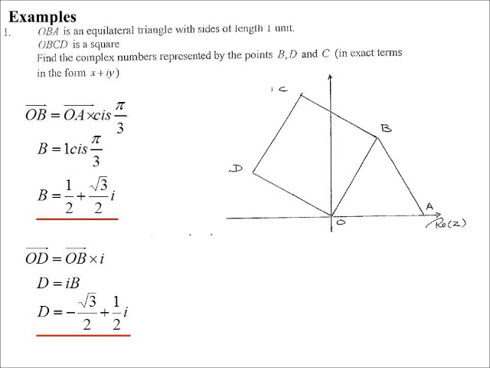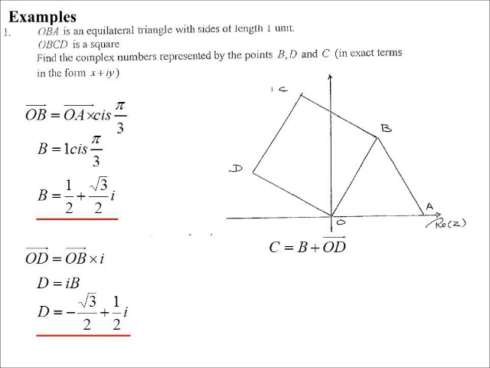Okay. Let's now find C. And again, we've got several ways we could find C. I could say I've got OB rotated 45 degrees, but lengthened by root 2. I could add, as this is the one I've done, I could add the vector OD to the point B, but I could also add the vector OB to the point D. That would also work.